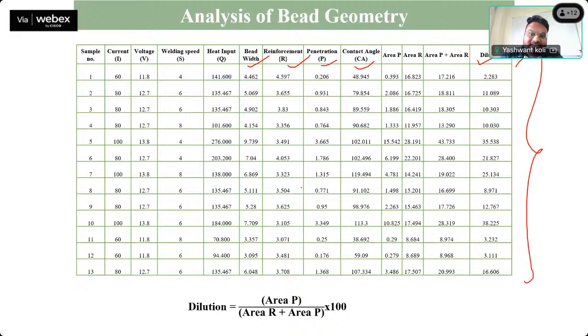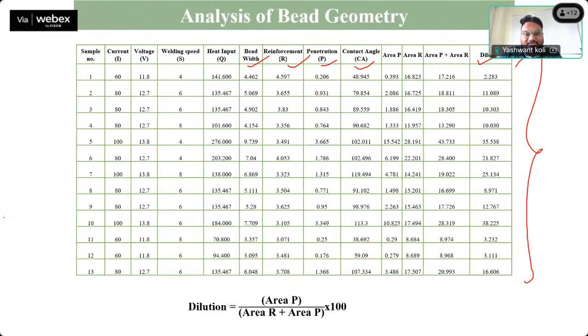What is the best combination of all these five things to get the best combination of process parameters for further fabrication of the VAM component? This is just the optimization of the single bead component, the single bead layer. If we can optimize the single bead, then we can fabricate a very good VAM component.